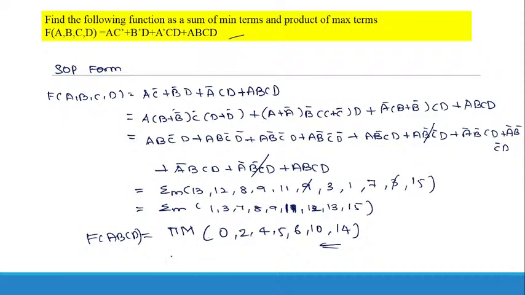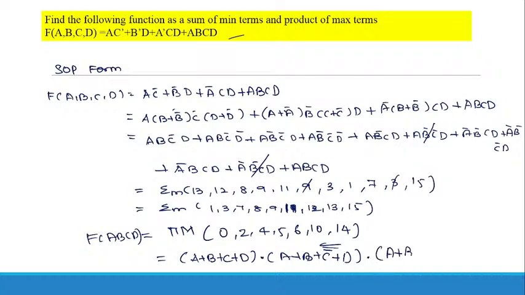So for this you can write the expression. How will you write the expression? A plus B plus C plus D. Into POS now, this is how it will look like. A plus B plus C plus D. Whichever is contributing will get a complement.